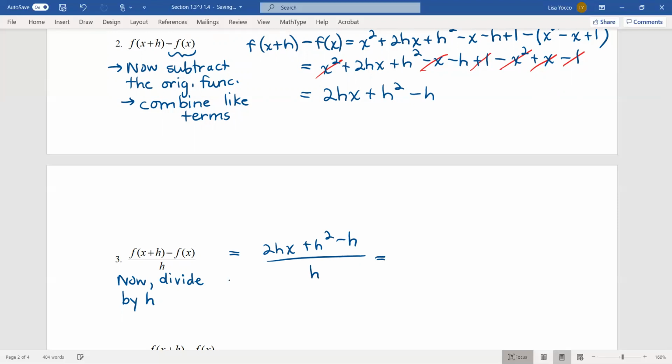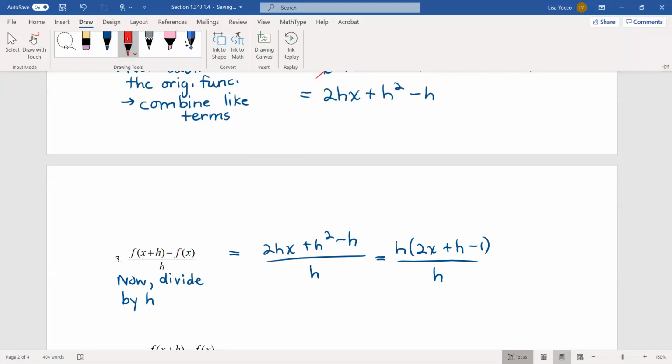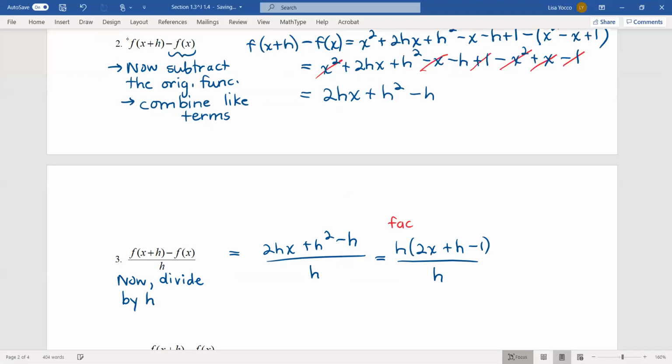Well, there are two ways to do this, but generally what I do is factor out an h from the numerator, so that's how I divide by h.